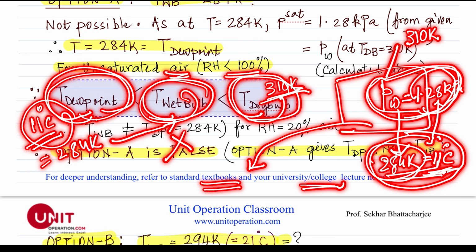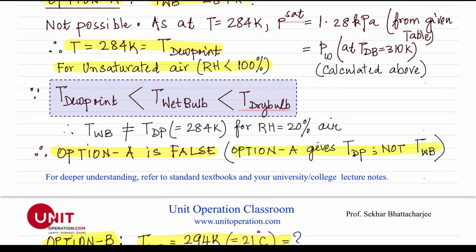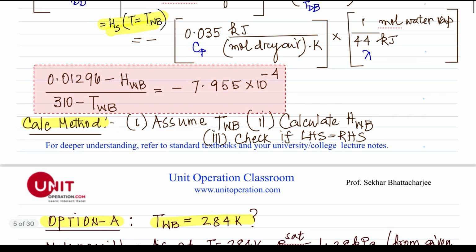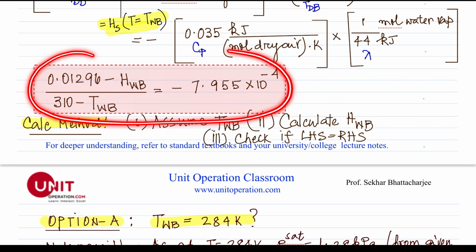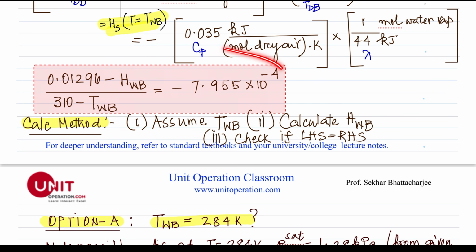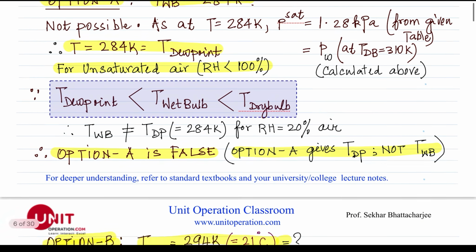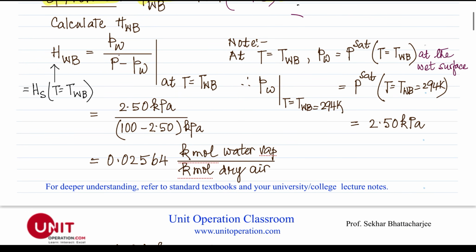It has to be higher than 284 Kelvin. So this option A is not correct. And this, of course, could also be proven by using this particular equation, which is shown in detail in the website.